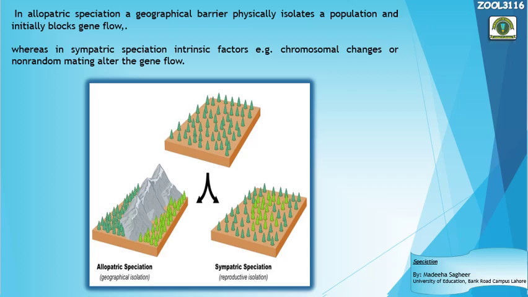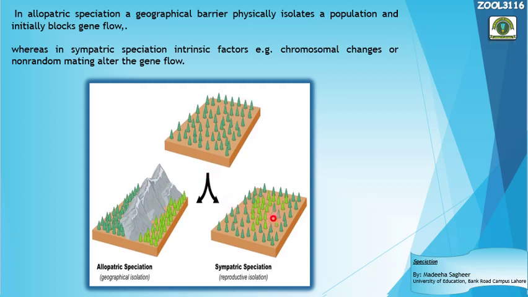Here in this picture you can easily see that this is the main population, right? If this main population is subjected to allopatric speciation, then what happened? There would be some physical or geographical barrier that isolates the individuals of the population, and that isolates the subpopulation, right? So for allopatric speciation, there must be some physical barrier.